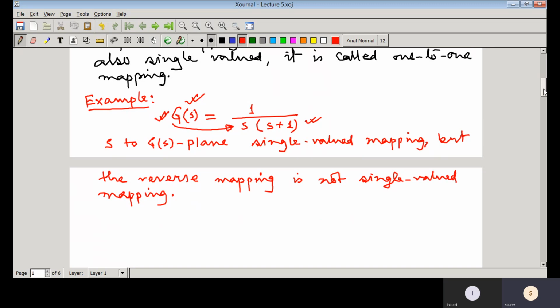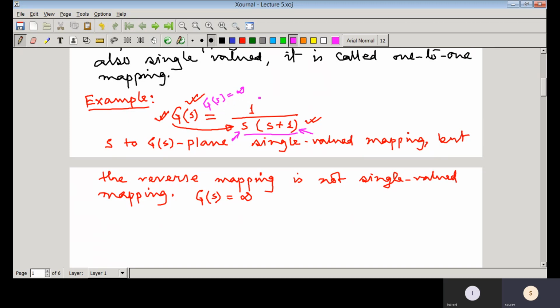Whenever G(s) equals infinity, we have two values of S. If you put s equal to 0, you will get infinity, as well as if you put s equal to -1, you will get G(s) equal to infinity.